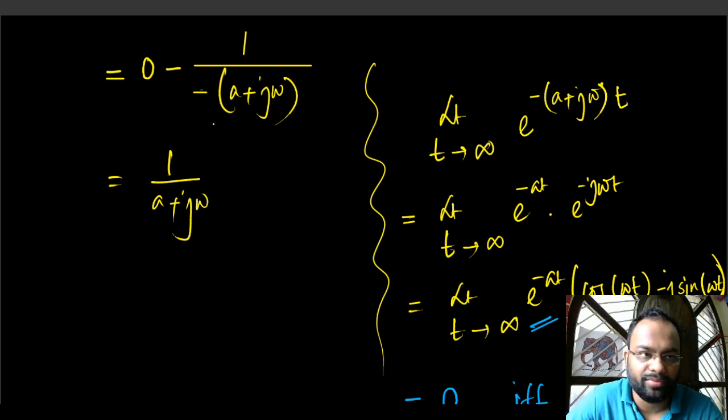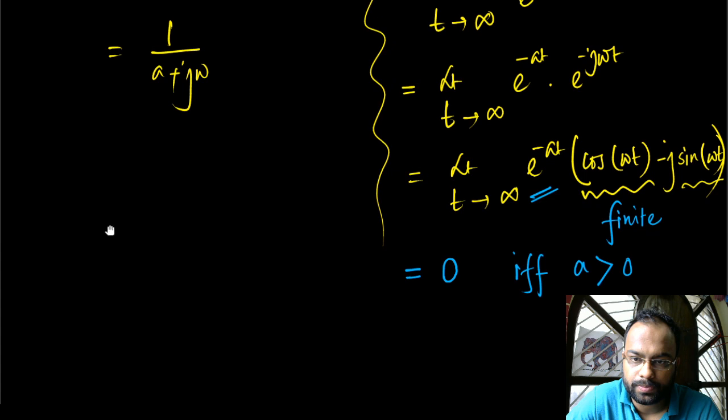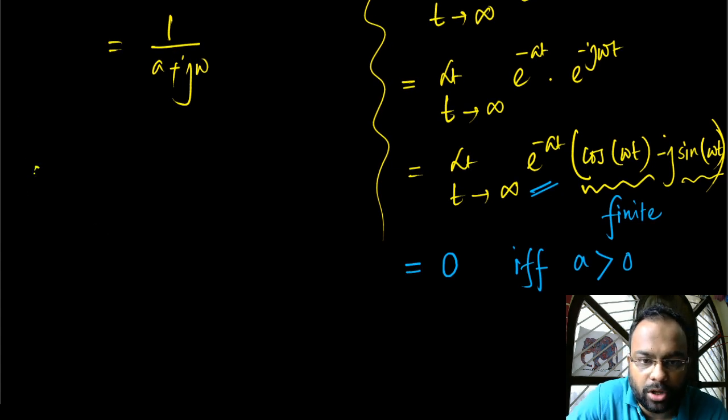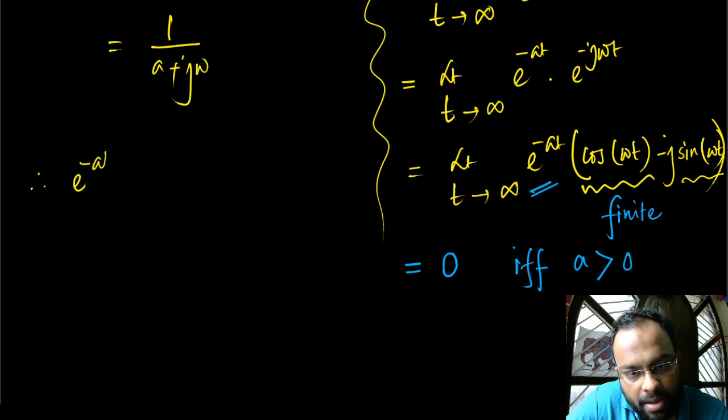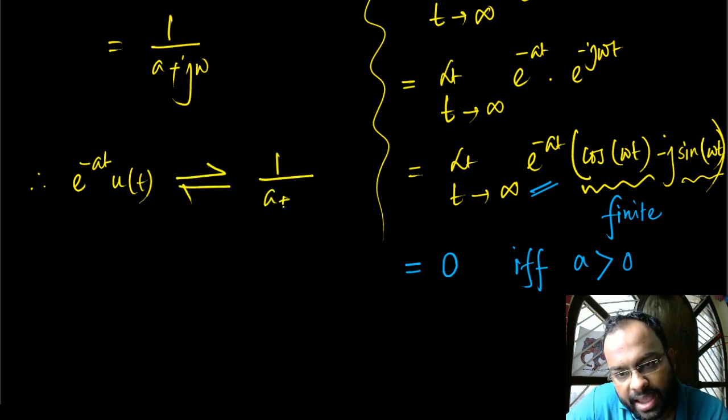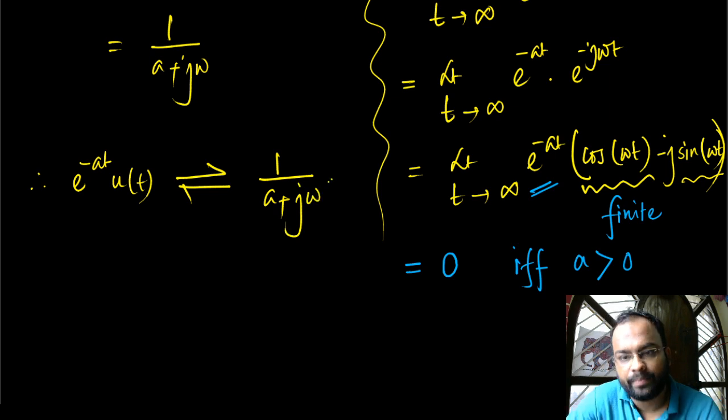That's understood, I believe. So what did we just discover? We discovered that the Fourier transform of e to the power minus at ut was 1 by a plus j omega.